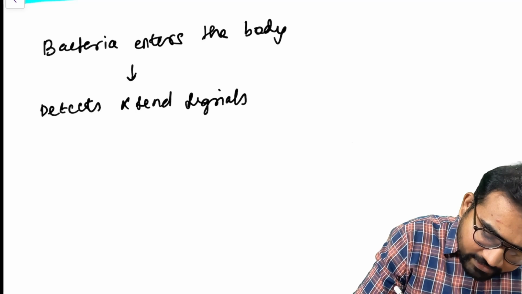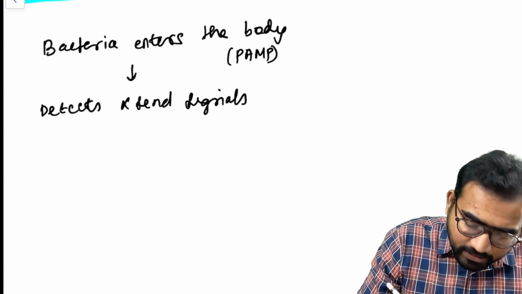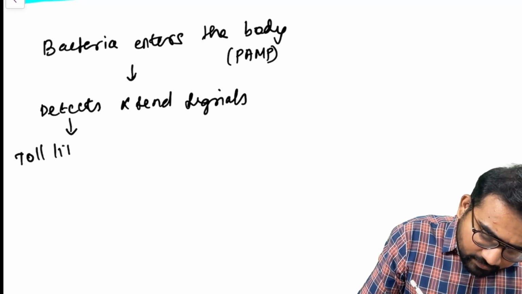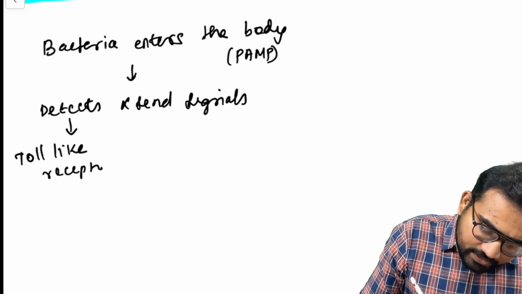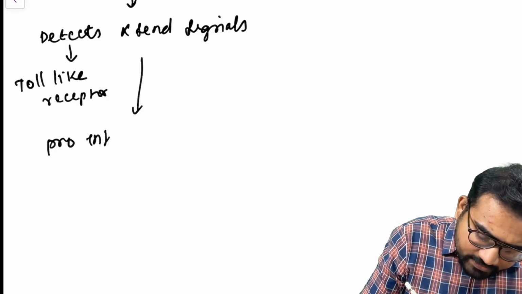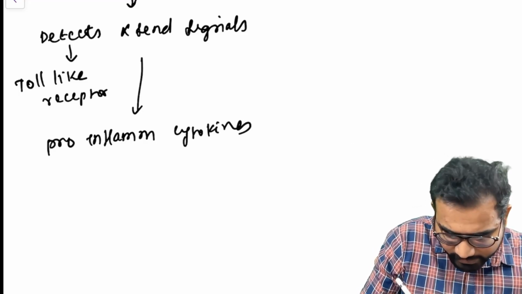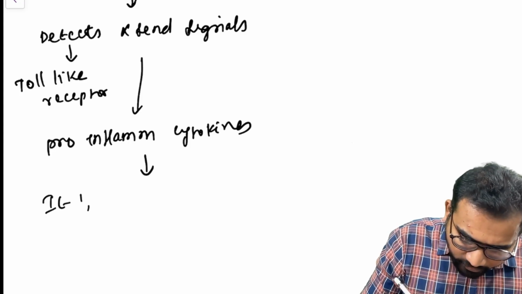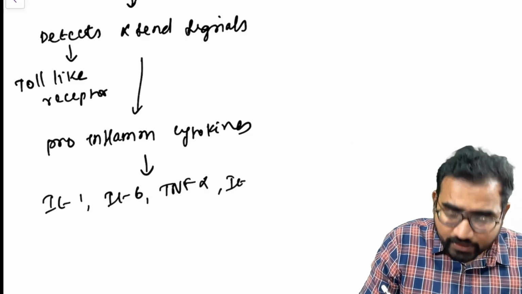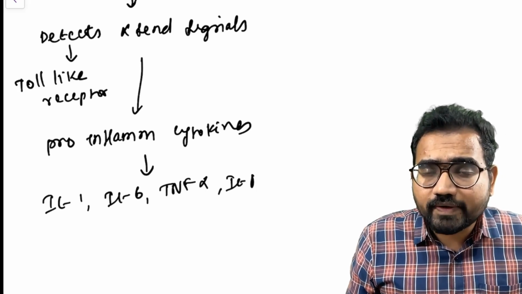There is a pathogen associated molecular pattern associated with the bacteria, and the body recognizes it with the help of the toll-like receptor. This toll-like receptor is going to synthesize pro-inflammatory cytokines. These are interleukin 1, interleukin 6, tumor necrosis factor alpha, and interleukin 8.